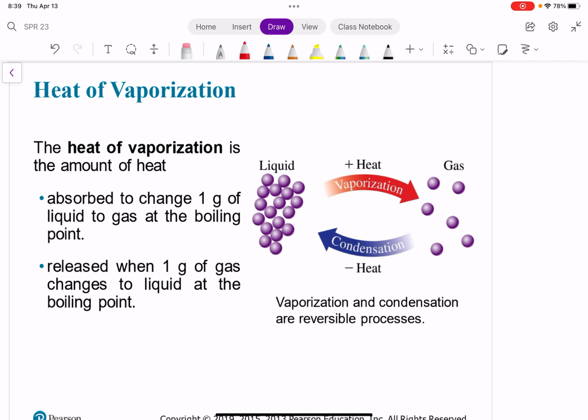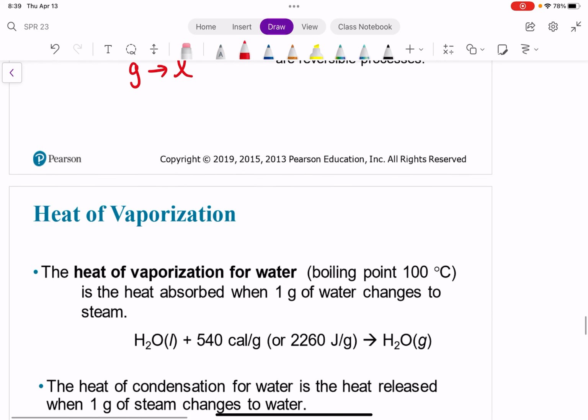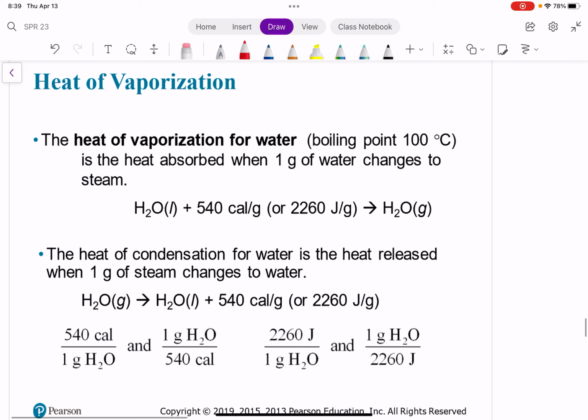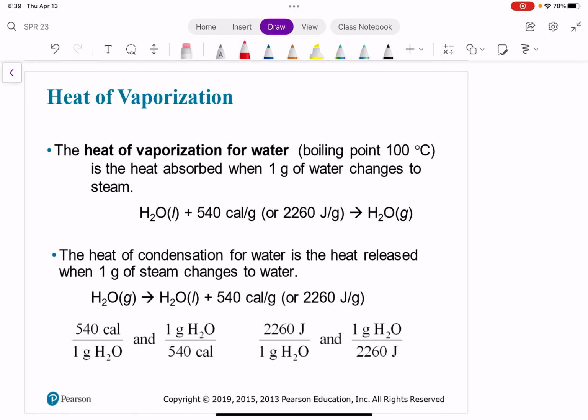So we're either thinking of how much heat is required to change from liquid to gas, or how much heat is released when we go from gas to liquid. And again, we have some conversion factors we can use. So let's break this down a little bit. We got our liquid water. Again, we're using the heat of vaporization for water.